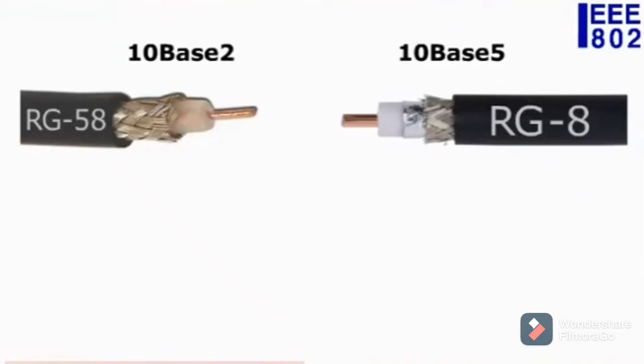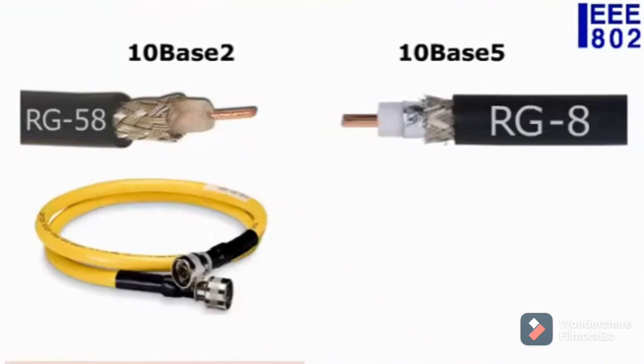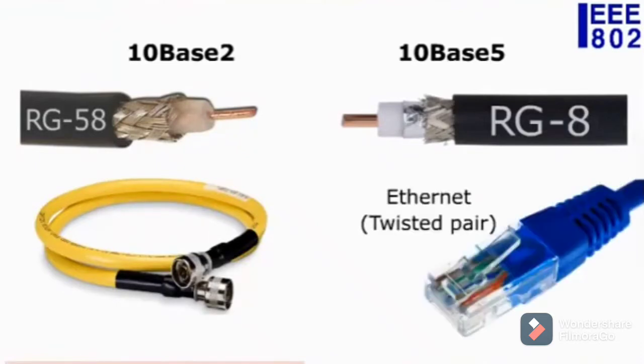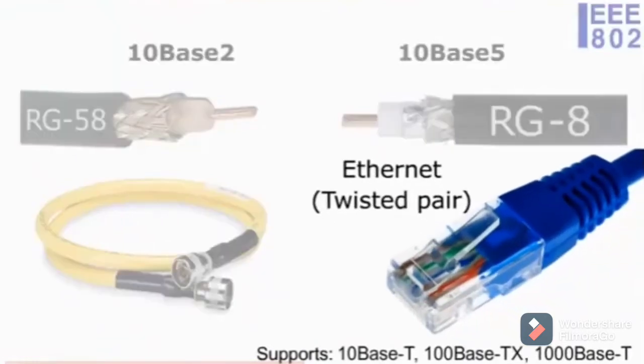It should be noted that 10Base2, based on the thinner coaxial cable, has been a much less expensive and more convenient alternative. Ethernet over twisted pair, which can support specifications such as 10BaseT and its successors 100BaseTX and 1000BaseT, has for the most part replaced coaxial cables.